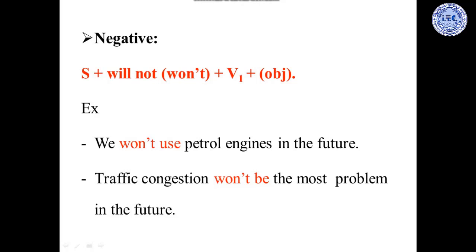Because of modern technology, we can design smaller transport vehicles, or buses that contain many passengers, or bigger roads. That's why we are going to solve traffic congestion in the future. So in the future, traffic congestion won't be the biggest problem.